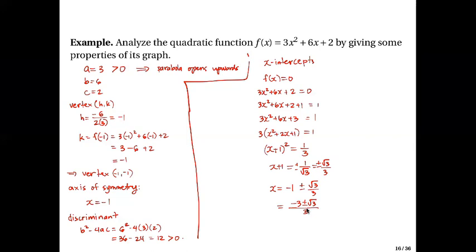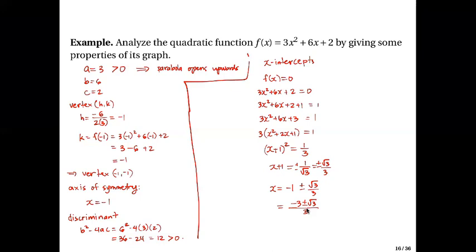So how do we get that one? You have square root of 3 divided by 3, minus 1.